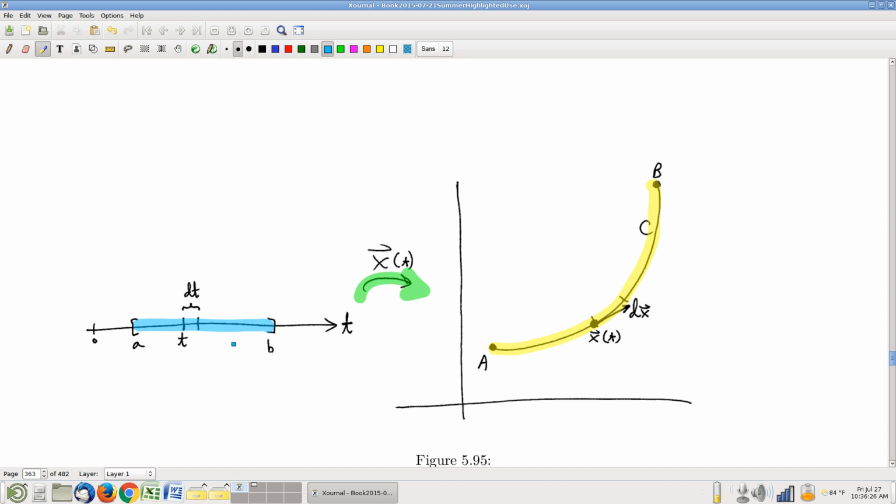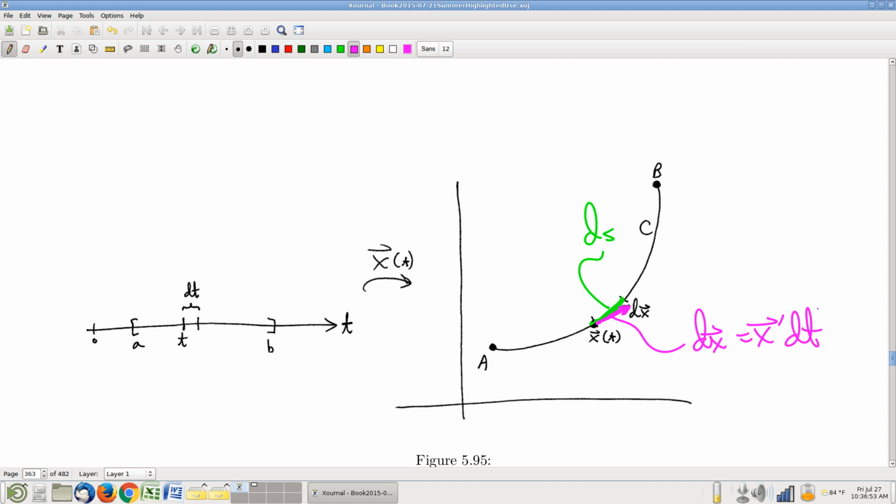We've already written down several different things. Let me just remind you, we've talked about the length of that little piece of curve as being ds. And we got our hands on ds by understanding this position differential dx. And we computed that dx was x prime dt. This is all from yesterday, I guess, or maybe it was, I can't remember, they all blend together.